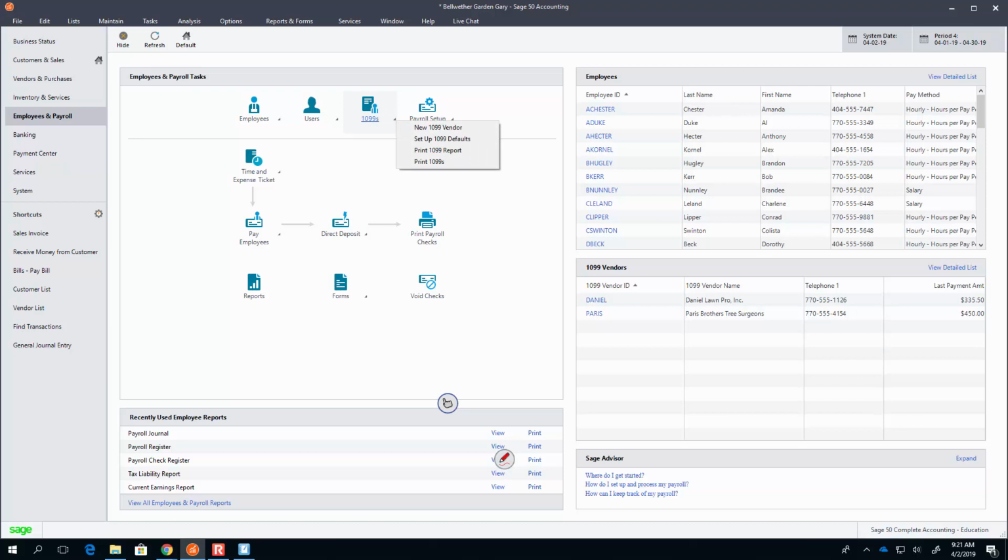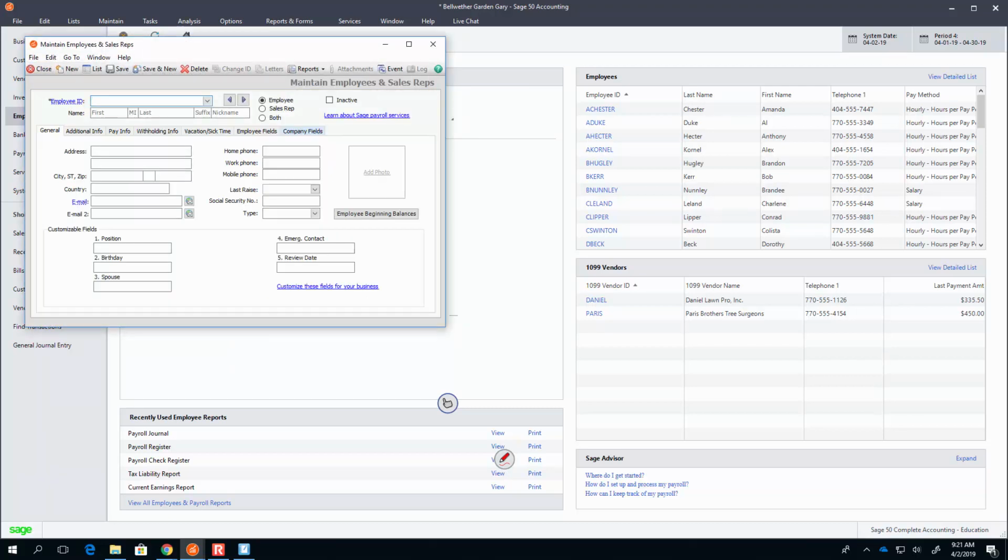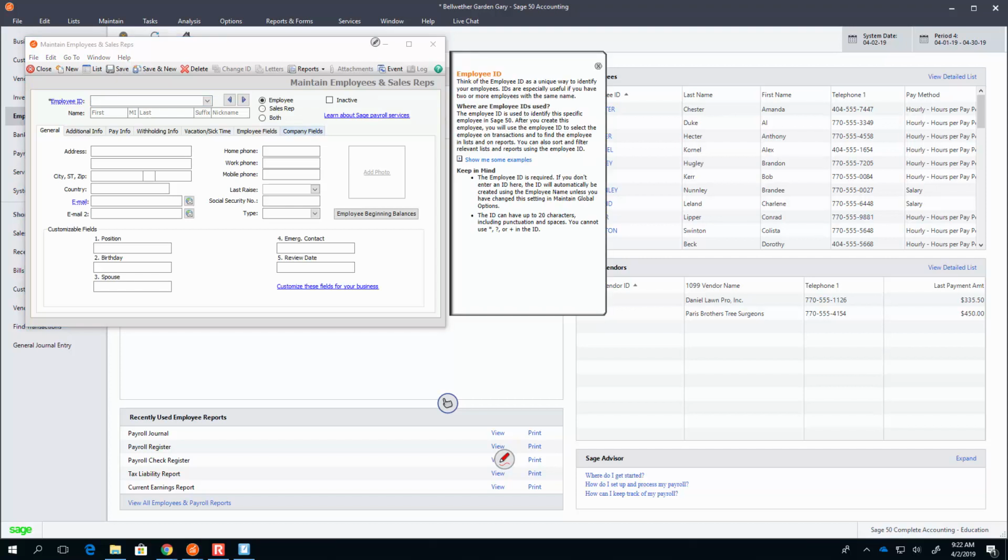Now, again, in my book, this sales rep should not be here, right? Even if I go into a new employee, the toggle button is right here. Again, why is this even here is beyond me.